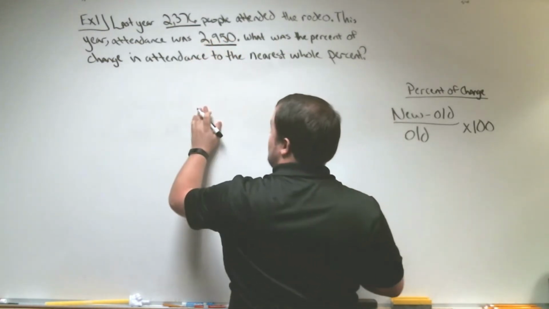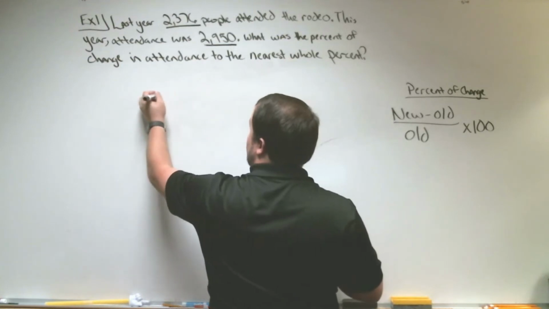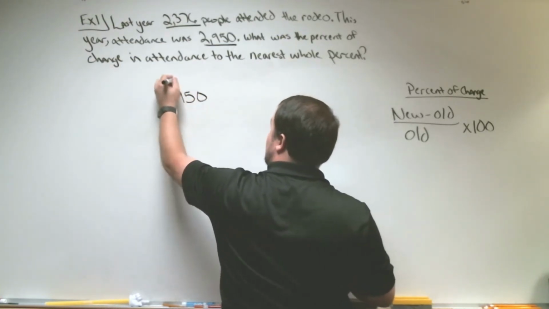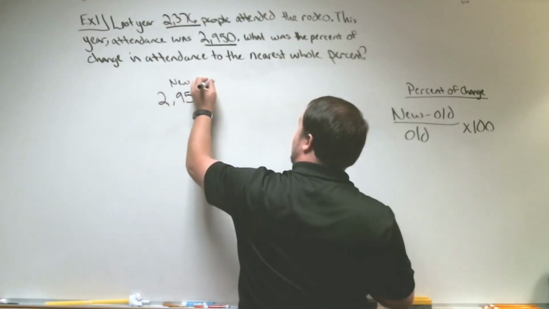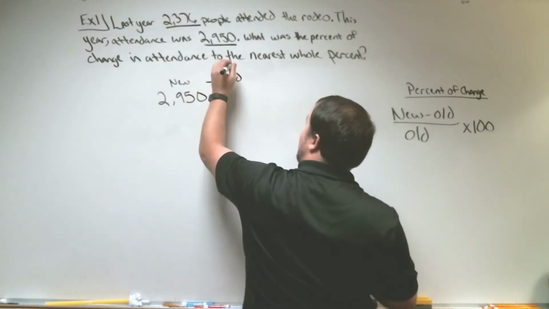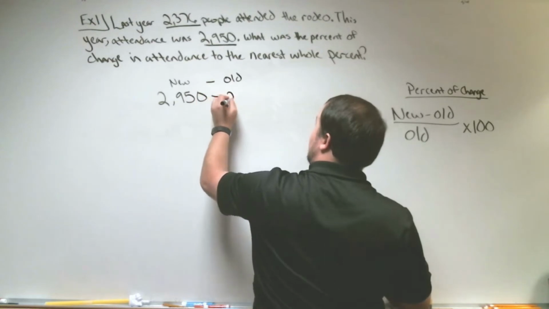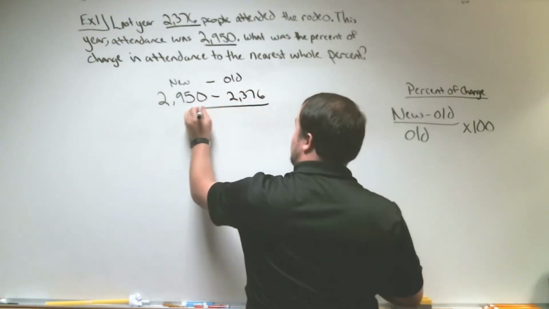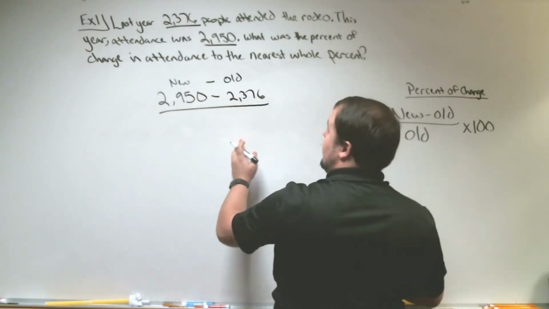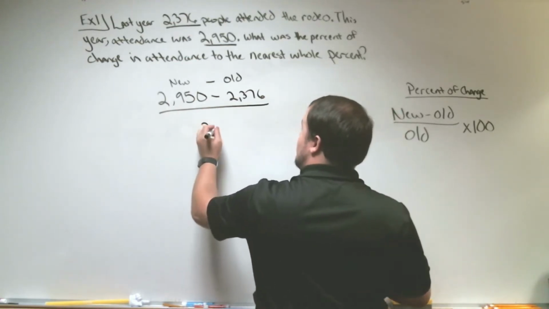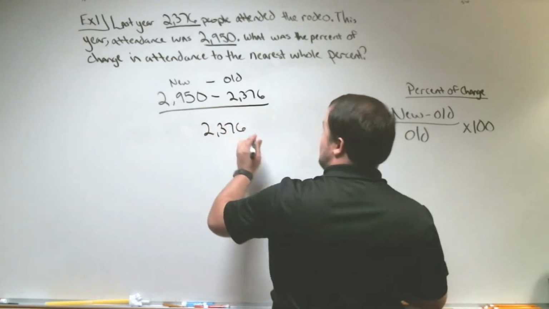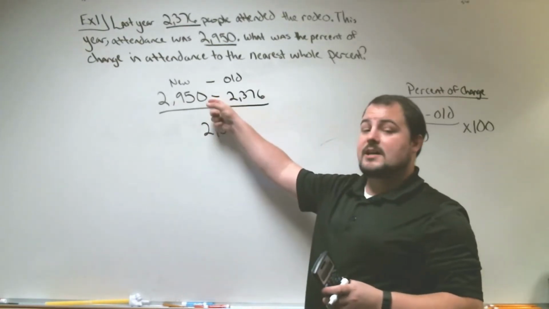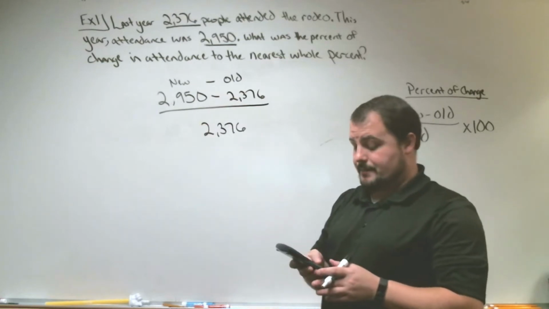So if we're doing the equation, we take 2,950, because that's the new, subtract the old, and the old number was 2,376. We're going to divide that by our old number, which is 2,376. Before we actually do this, we have to first solve the top, then divide it by the bottom.